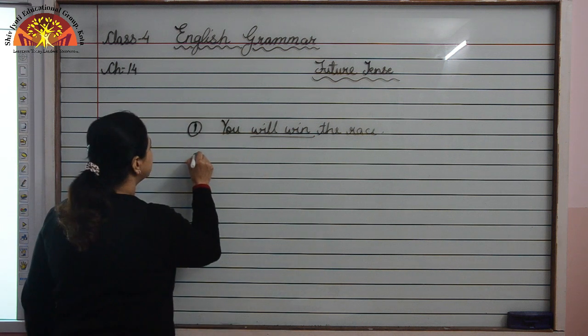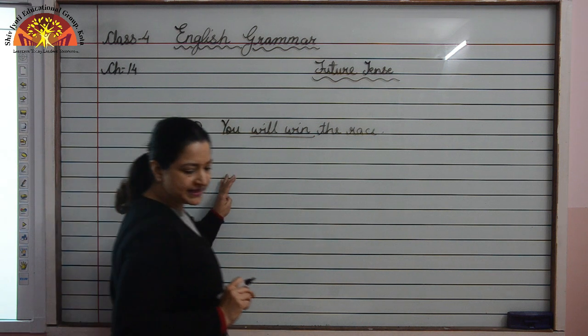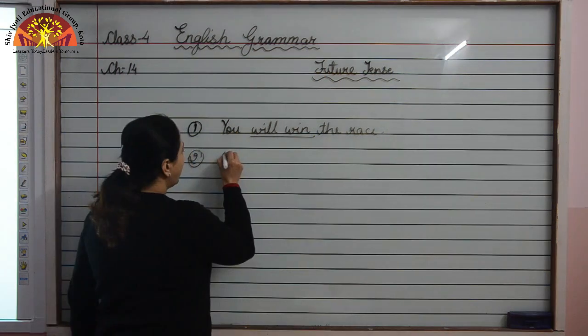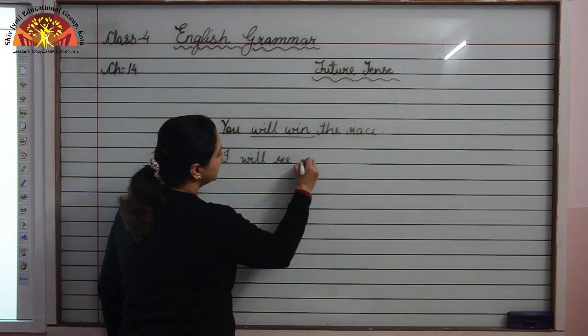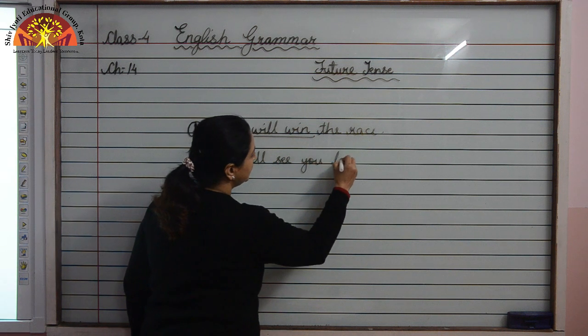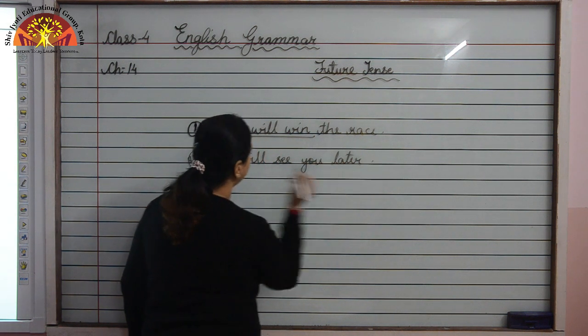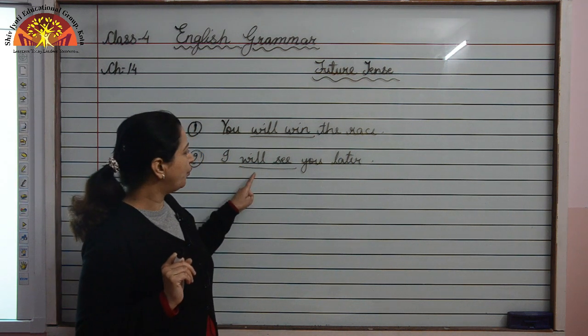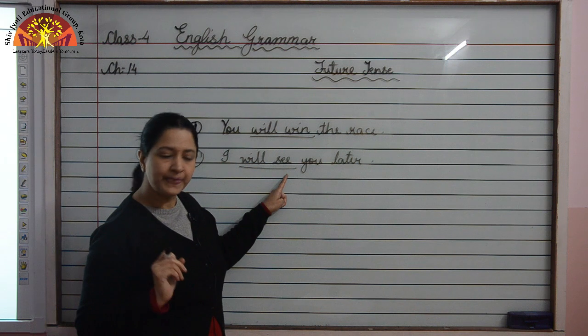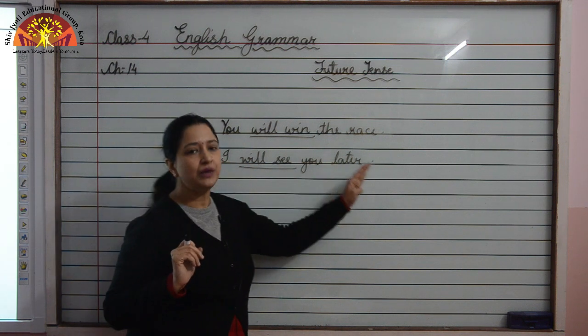Okay, now let's take another example. I will see you later. Okay, now again as you can see here we have used will with first form of verb. I will see you later.